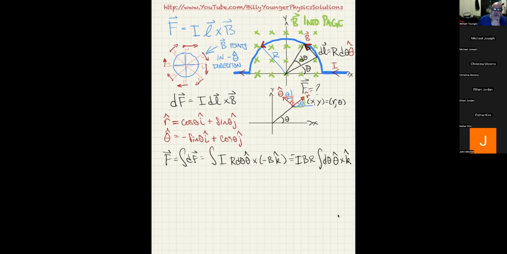Can anybody look at, let's say, the diagram that I drew showing you r hat and theta hat? Can anybody use that to tell me which direction theta hat cross k hat is in? Or can anybody at least tell me what the magnitude of theta hat cross k hat is?